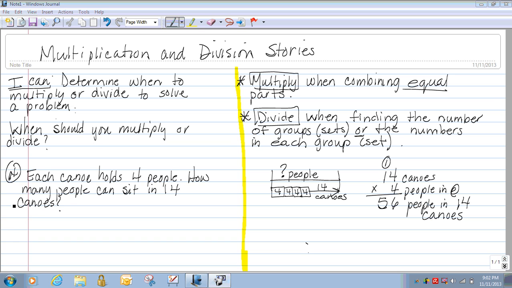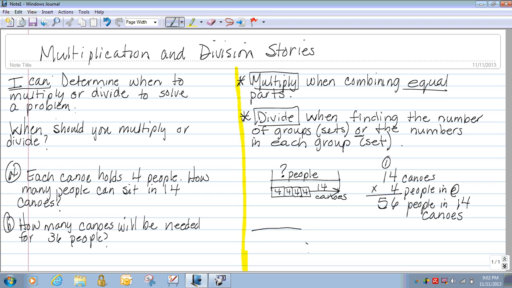If I have a part B to this question, how many canoes will be needed for 36 people.